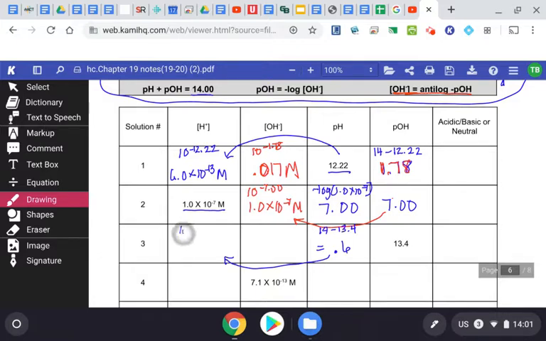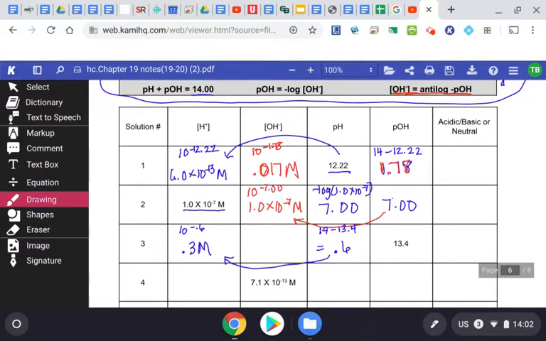So the anti-log of negative 0.6. Now I have 1 decimal place with that pH value, which is going to give me 1 sig fig for my answer. So that would come out to be, with sig figs, 0.3 molar.